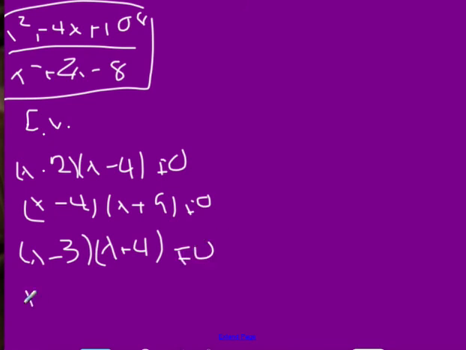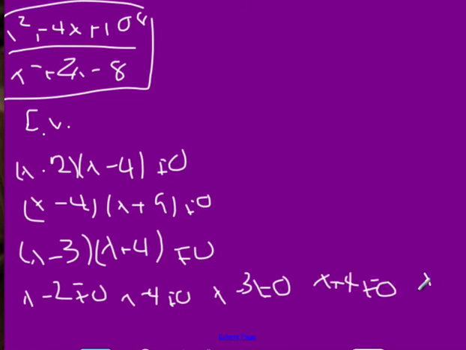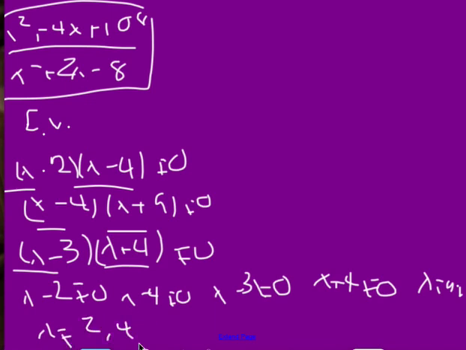So then we have that x minus 2 cannot be equal to 0, x minus 4 cannot be equal to 0, x minus 3 cannot be equal to 0, and x plus 4 cannot be equal to 0. Oops, I forgot x plus 9, and also x plus 9 cannot be equal to 0. So I took each of these, and I said that they cannot be equal to 0. When you solve each of those equations, you get that x cannot be 2, 4, 3, negative 4, or negative 9 for your excluded values.